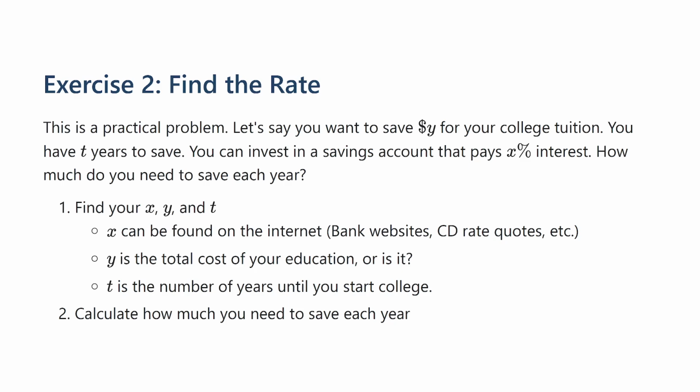What I want you to do now is to find your X, Y, and T. X can be found on the internet, like on the TD website, which tells you how much the interest rate is. Y is the total cost of the tuition. You might look at Toronto or any school that you like, like New York University. And T is the number of years until you start college. You know what T is.